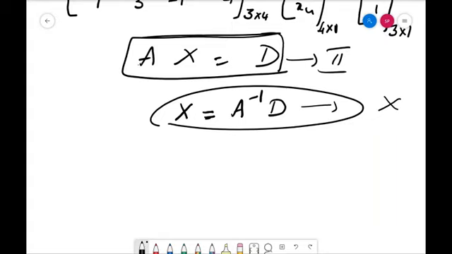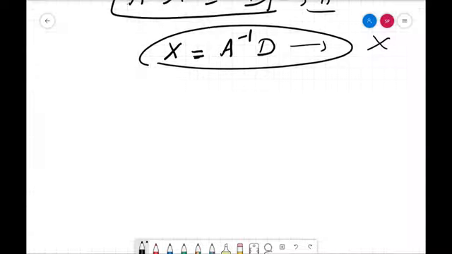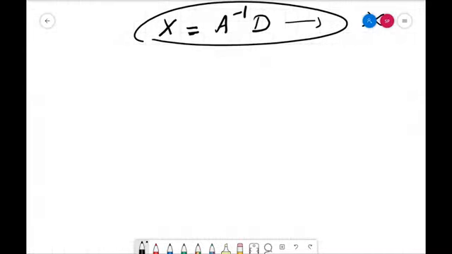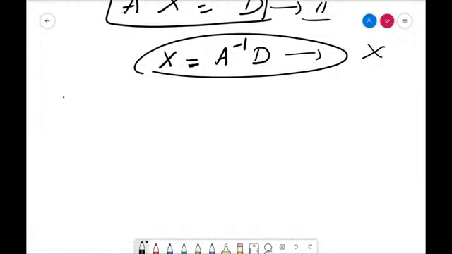Then the method we are going to use here is, in linear algebra, echelon forms of matrices, which I'll explain in my next lesson. How do we use it?